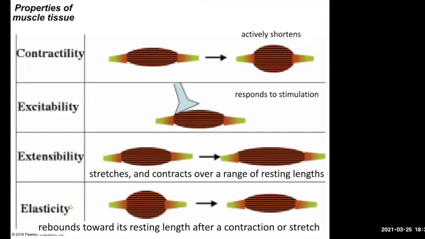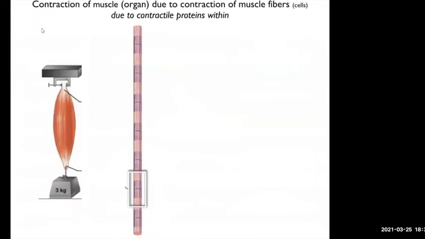So elasticity, just like elastic fibers: you stretch it and it rebounds to its resting length after a contraction or a stretch. So those are the other two properties, and we'll touch upon those as we get deeper into the anatomy part. But these are the four properties of skeletal or muscle tissue in general.